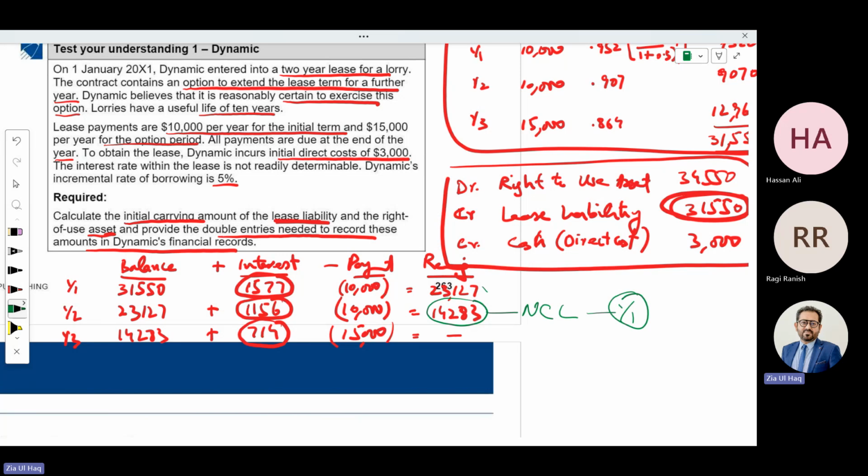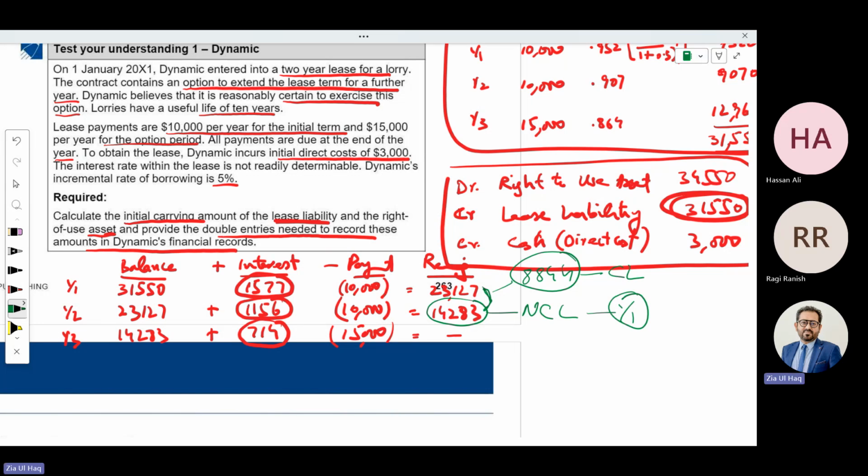And the difference between these two amounts, what is the difference? 23127 less 14283 is 8844. This will be recorded as current liability that you need to pay within 1 year.